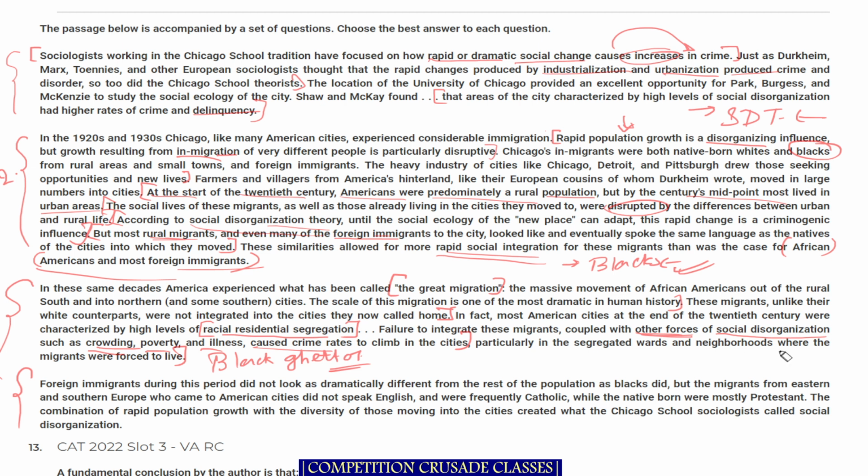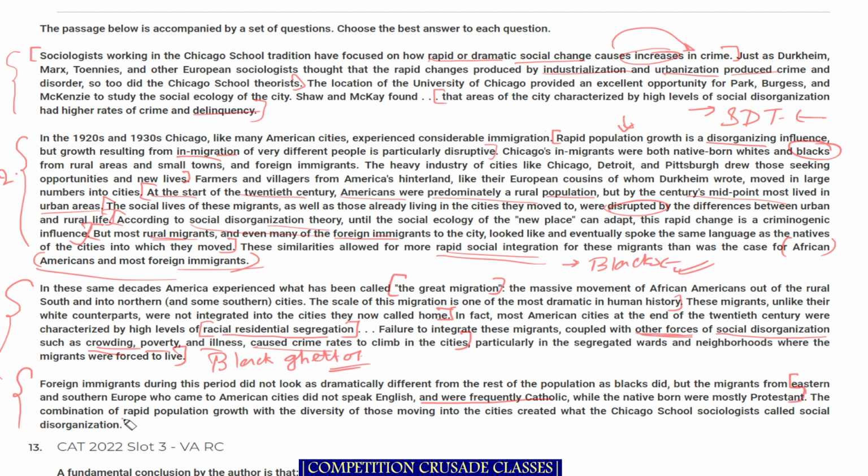When they say Eastern and Southern European, maybe you can think of French or some German people, just to make an analogy in your mind. They were frequently Catholic, while the native born were mostly Protestant. So this is again a faction of religion.